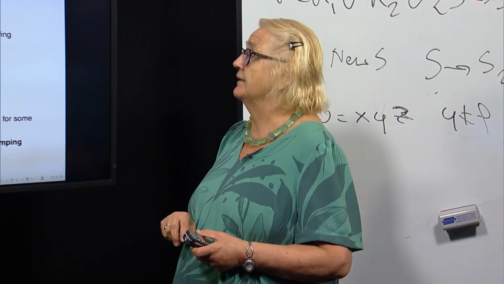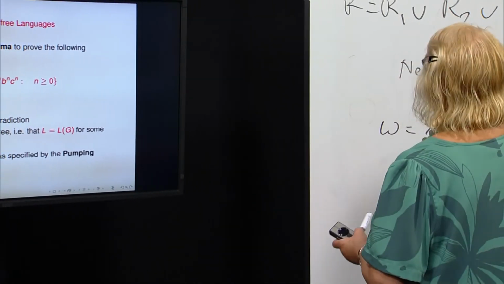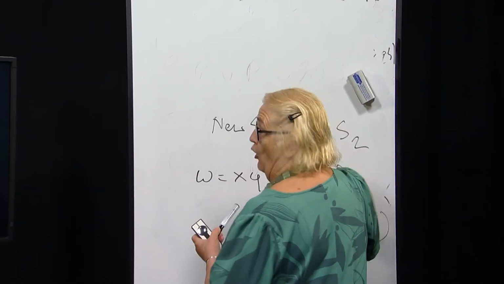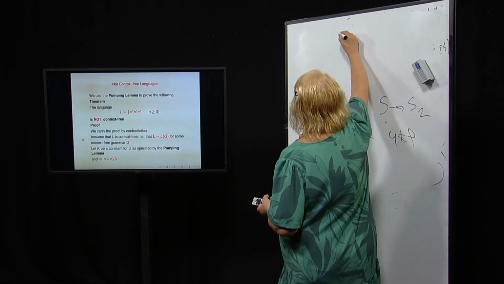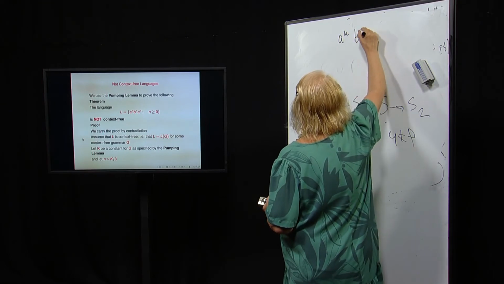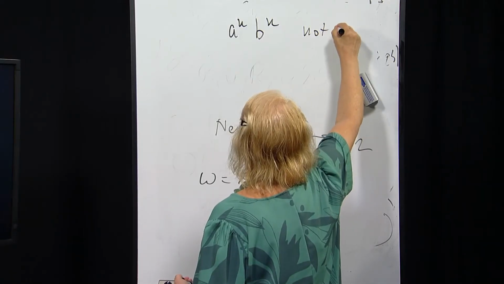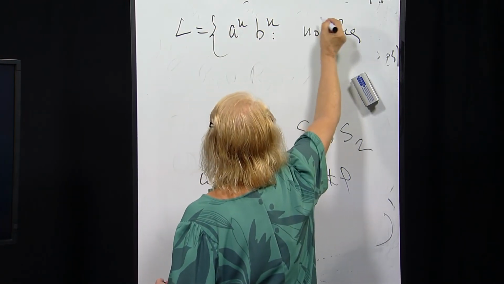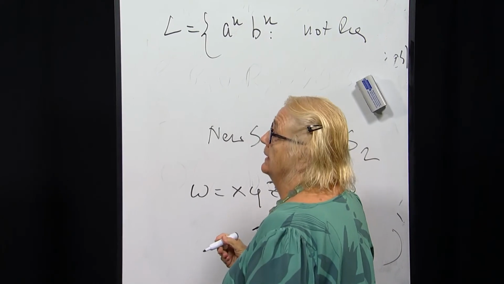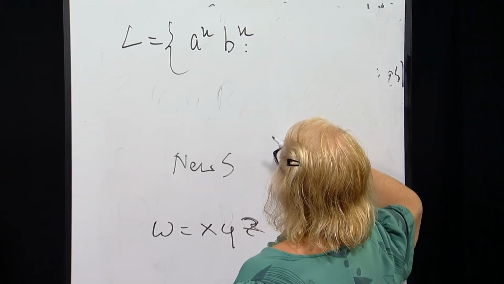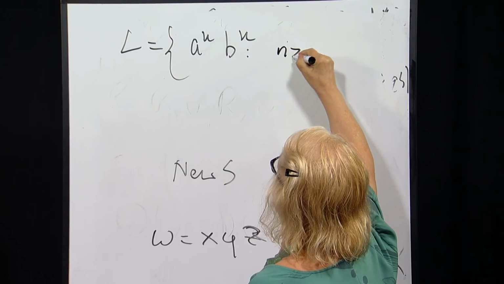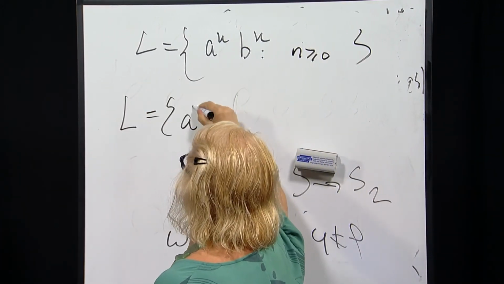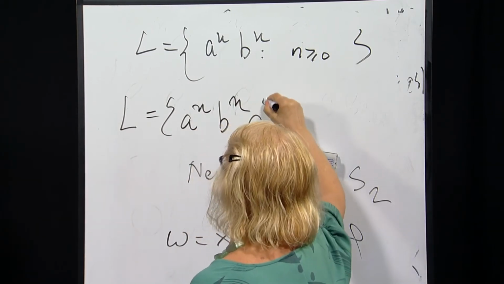So here, remember, for regular languages we used the pumping lemma in all details to show that a^n b^n was not regular. Now we show that the language a^n b^n c^n is not context-free.